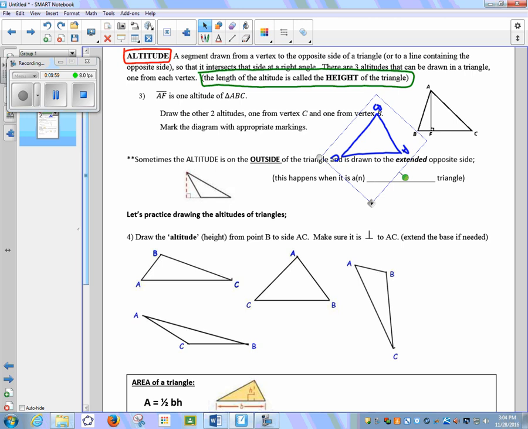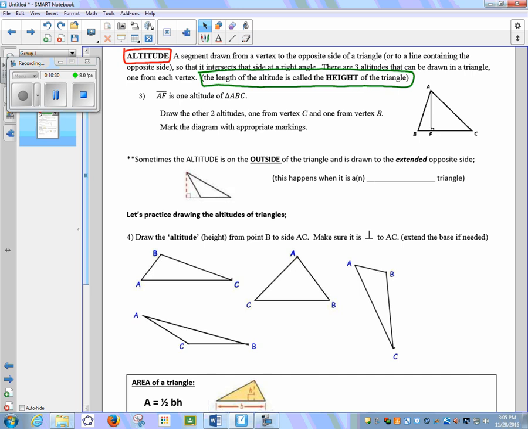Here I had BC along the bottom. Now I've got AC along the bottom. Well, the altitude would be drawn from B straight down to AC. In this case, the height is a different length than when BC was at the base. So it all depends on which way you turn your triangle, how you're going to measure the height.